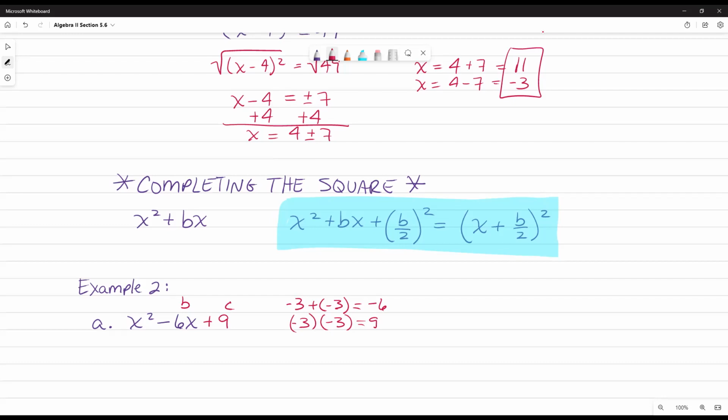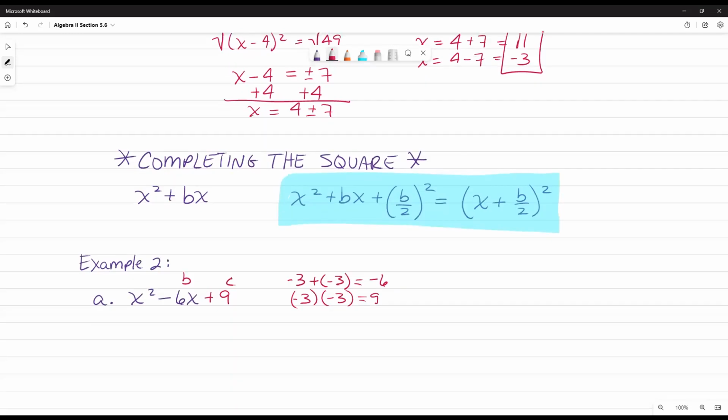We're multiplying, so negative times a negative is a positive. x squared minus 6x plus 9. Is that a perfect square trinomial? Remember, your first term is squared, your last term is squared. So this is just (x minus 3) squared.